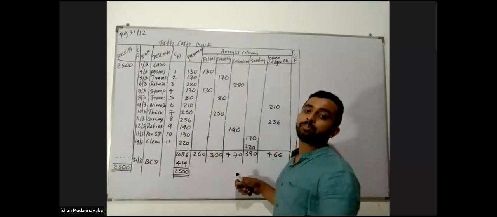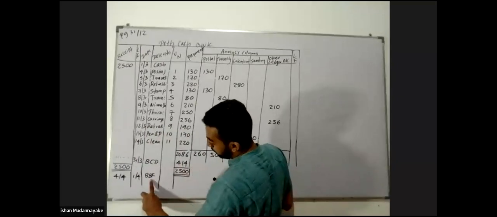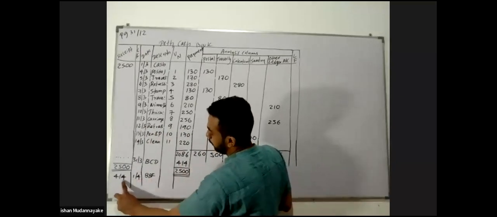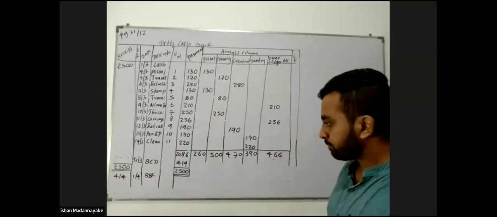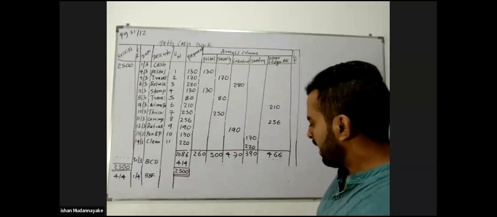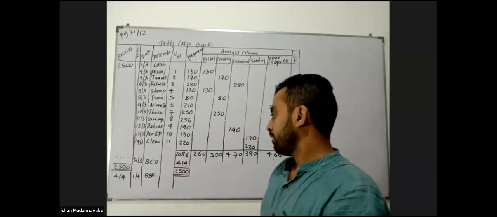Opening balance of April month. 1st April, balance brought forward 414.